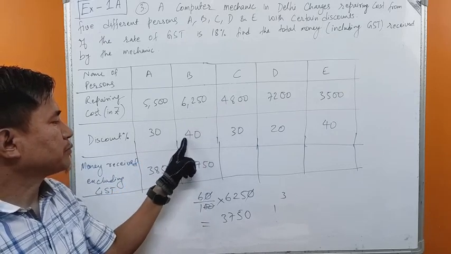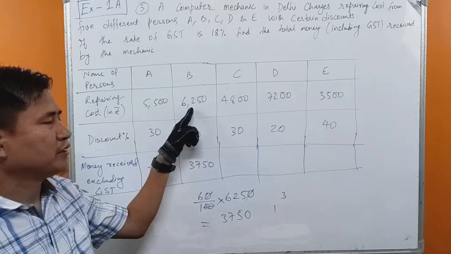After getting a discount of 40%, he paid rupees 3,750 from 6,250.